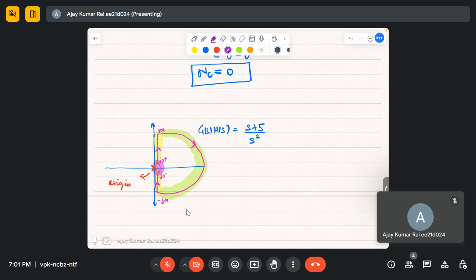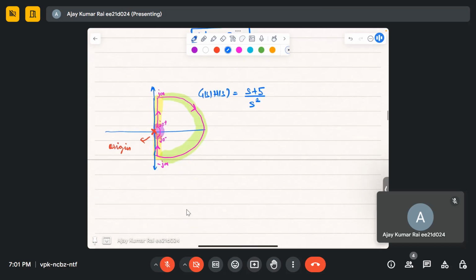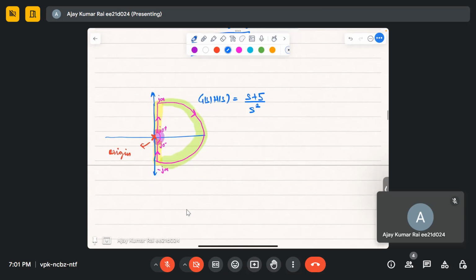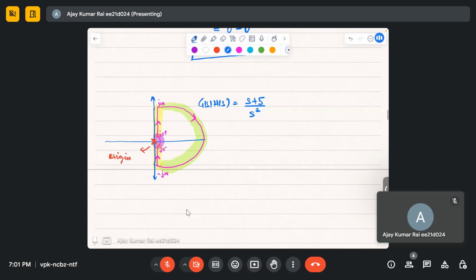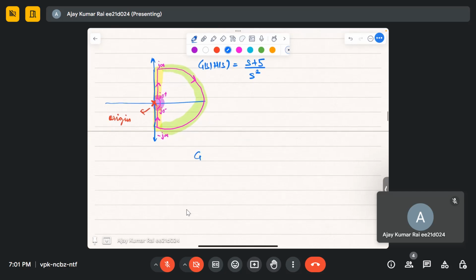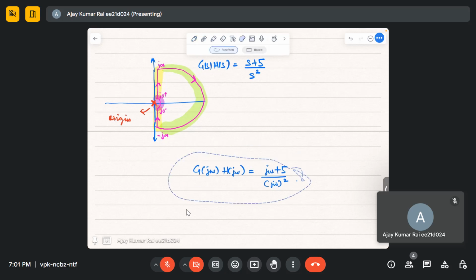Three plots we will combine and draw in the G(s)H(s) plane. Let's first focus on the Nyquist plot for 0 to infinity. This is the open loop transfer function. So what is the sinusoidal transfer function? I'm just drawing the Nyquist plot.